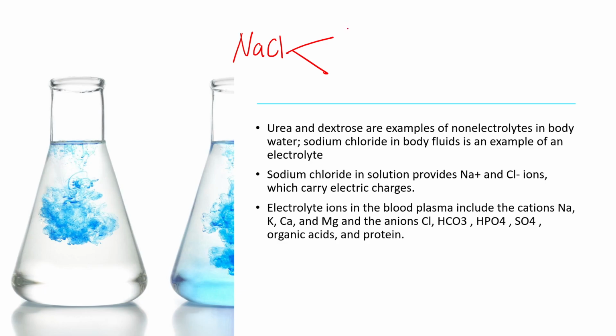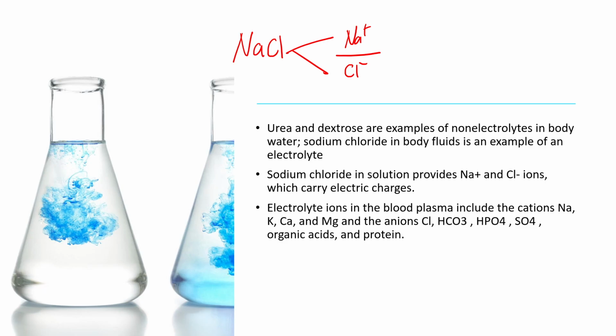In the case of our table salt, or sodium chloride, it dissociates into sodium cation and chloride anion. So they dissociate into two different species. Sodium chloride provides sodium and chloride ions which carry electrical charges.